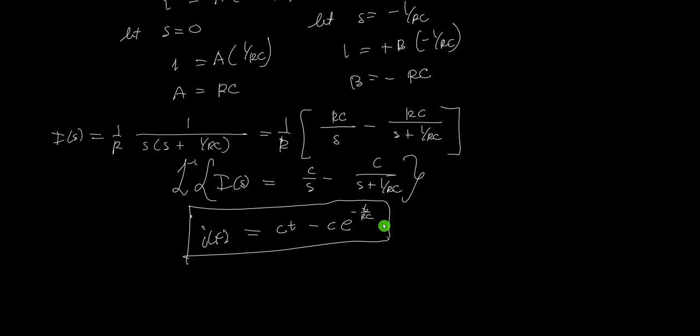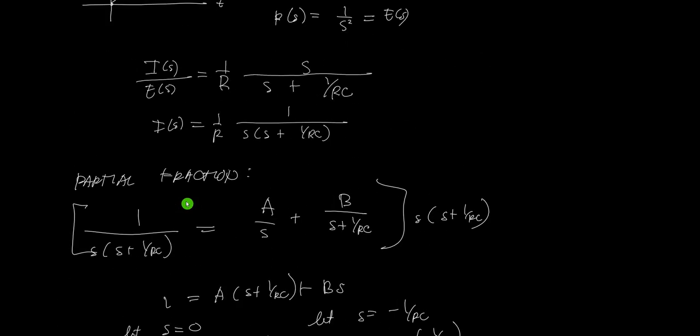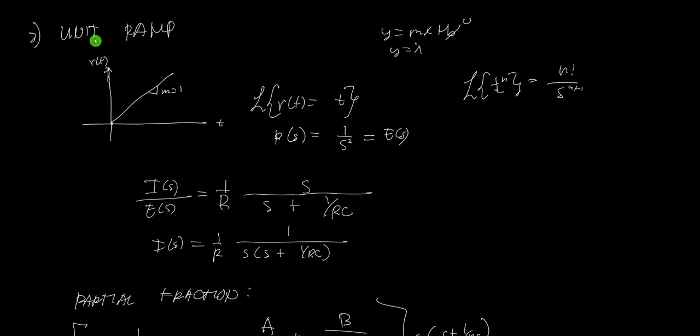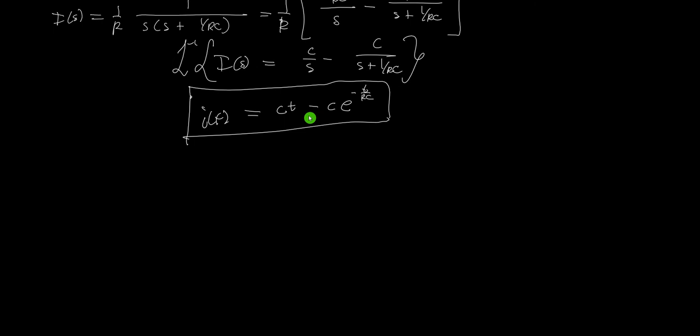Okay, next, so for our unit, this is unit ramp. We also have another one, we call it the unit step. For a unit step, this is the most commonly used response, unit step response, or simply step response.